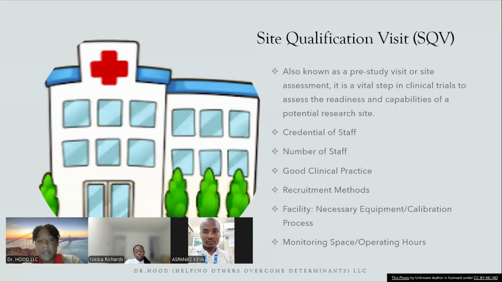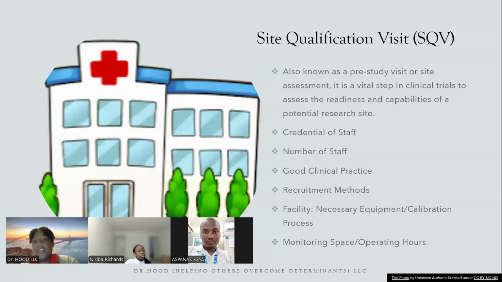If they need an ultrasound or MRI, will you be able to do it on site or will you have to contact a third party vendor? So these other questions are usually on a checklist for the site qualification visit, and they can make or break whether or not the sponsor or the CRO chooses that site to participate.